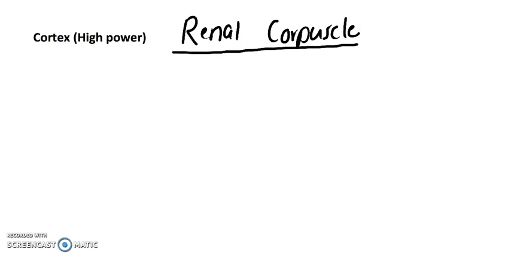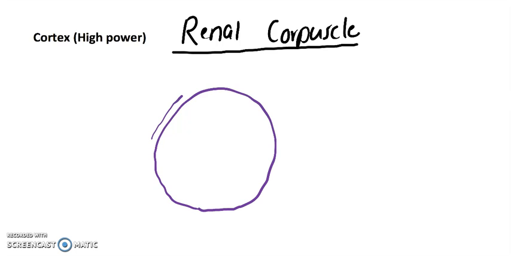Okay, now for cortex under high power. We're specifically going to look at a renal corpuscle. This is going to be the outline for your Bowman's capsule. It consists of a 1 cell layer thick structure. So there are my cells. Like most cells, you can expect to find a nucleus, so there would be these purple dots.